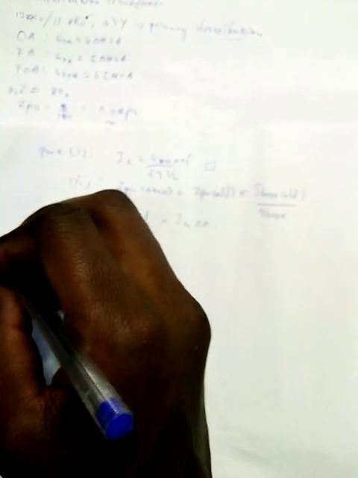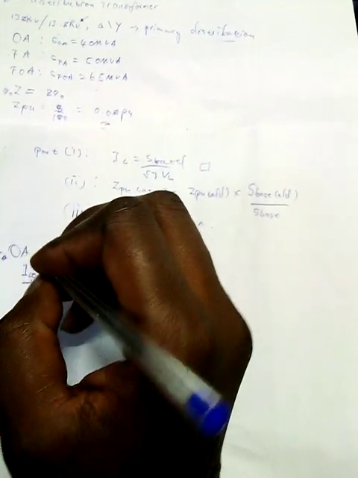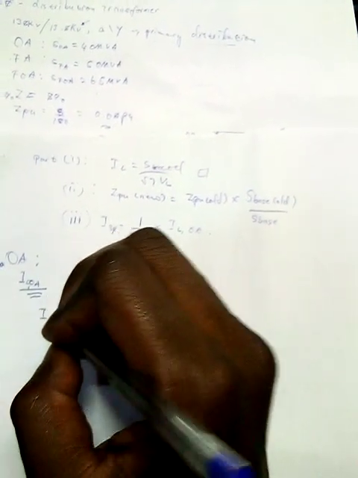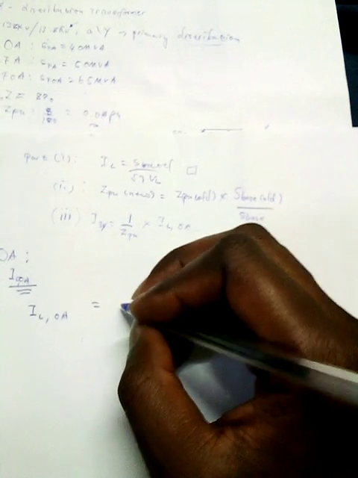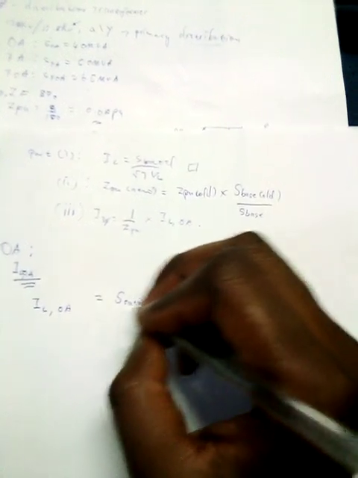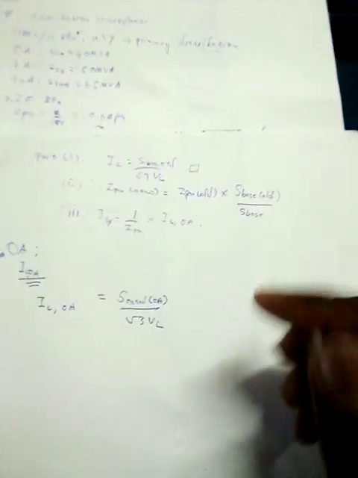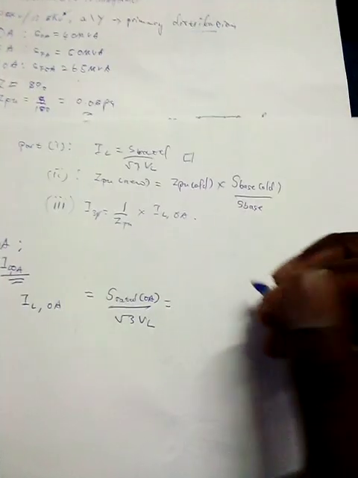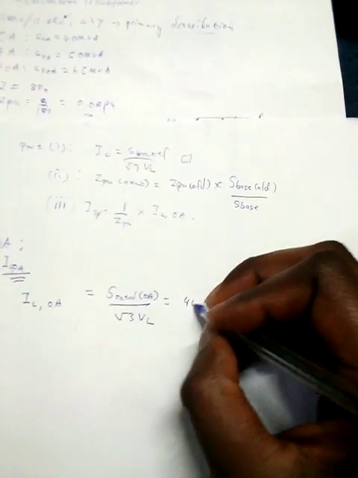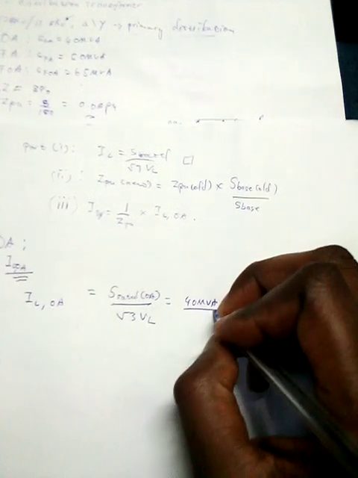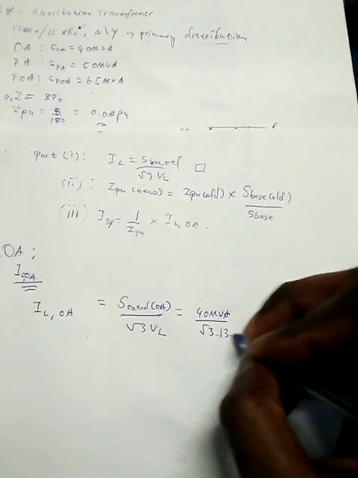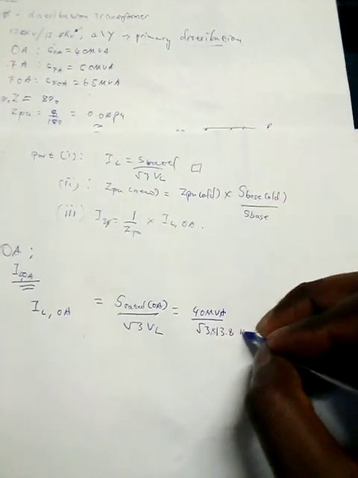For OA, I sub L sub OA is going to be equal to S rated OA over root 3 VL, which is equal to your MVA rating there, 40 MVA, over root 3, and your kV rating is 13.8, so times 13.8 kV.